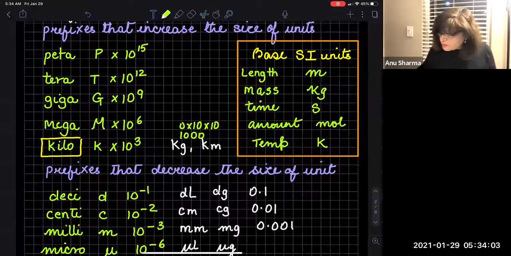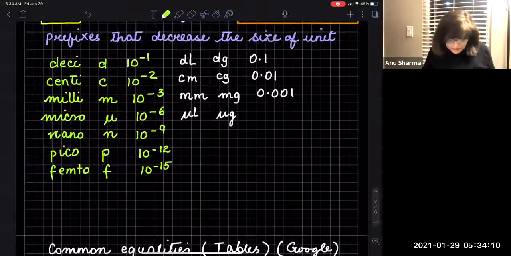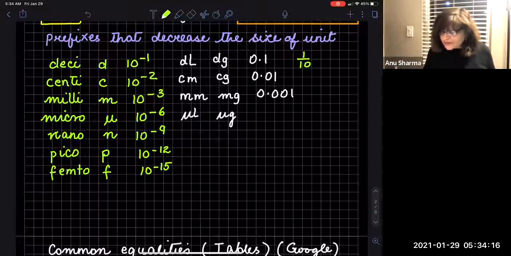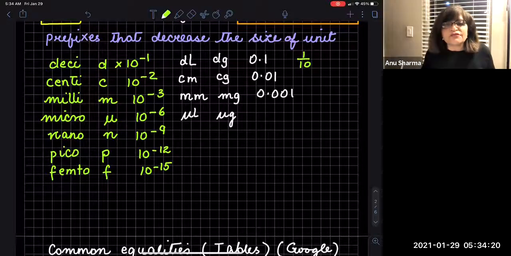Okay, now let's look at the prefixes that decrease the size of the unit. So here, 0.1 means 1 over 10. In other words, when you multiply something by 10 to the power negative 1, in reality you are dividing it by 10.